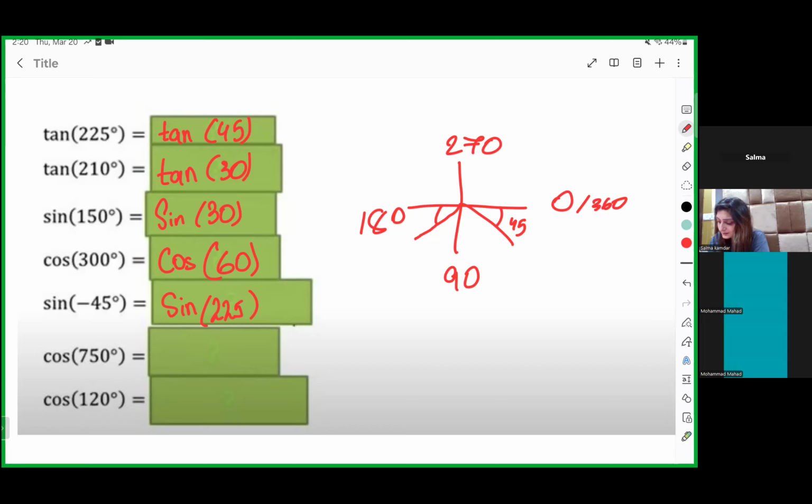But here my cos is not positive. Is my cos positive here? No, miss. So it's going to be in the first and third.